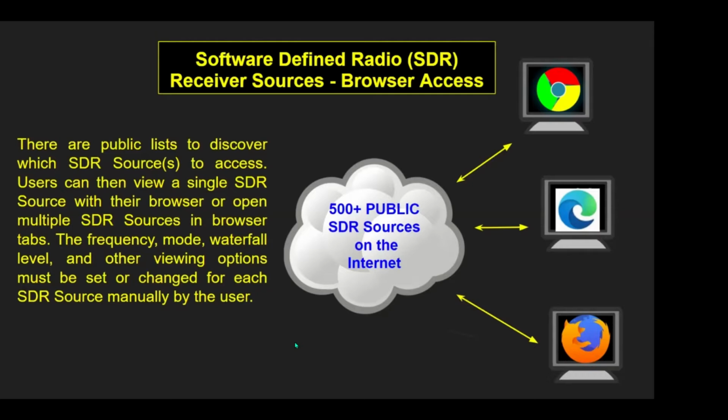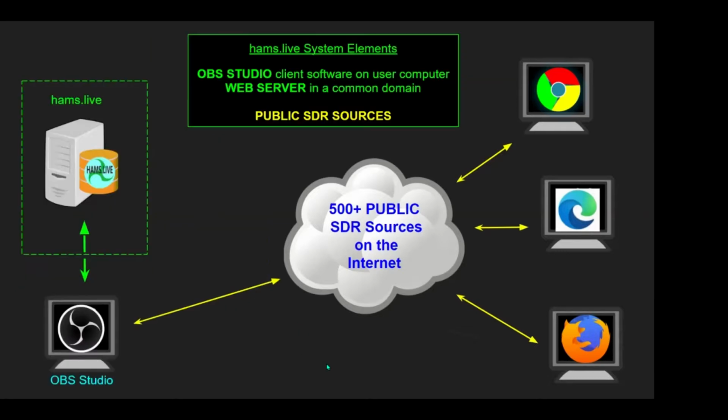These viewing options can be changed, but manually by the user, and it gets complicated when you have multiple SDRs operational. So another way to do this is using my system. It looks like this, so that we have the same internet SDR sources, and they're still accessible through browsers, but we're using a couple of things.